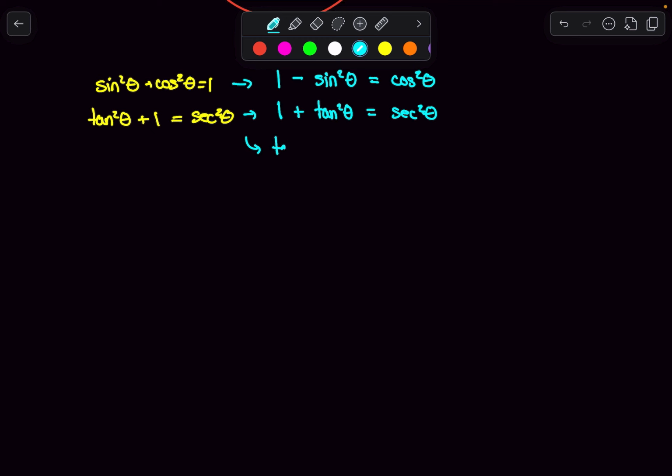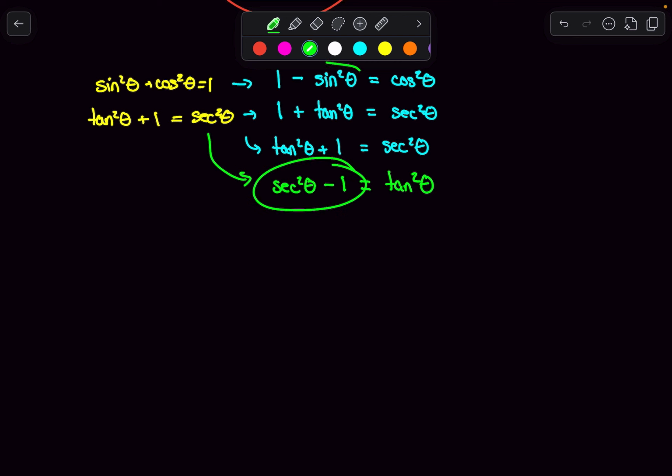I could have things squared, right, plus 1 is equal to a useful trig function. I could have also written this as something squared minus 1 is equal to a useful trig function, right? This one's a little bit different than saying 1 minus something squared, right? So now I have something squared minus 1.